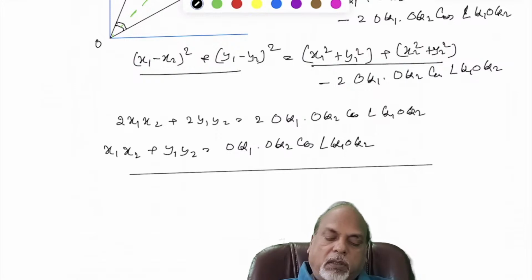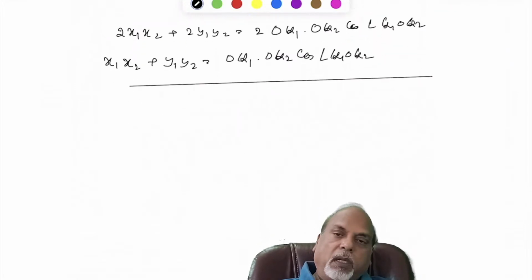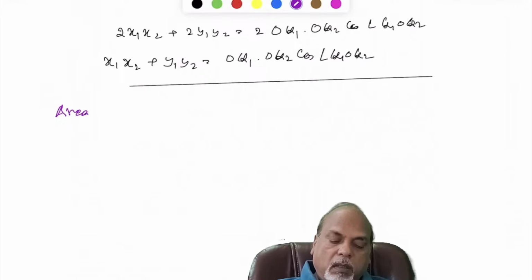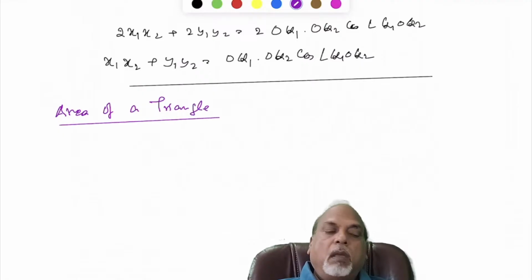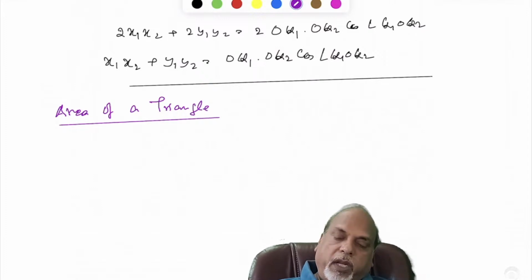Now let us see what is the area of a triangle. Naturally, in a triangle, what you need is basically 3 points.